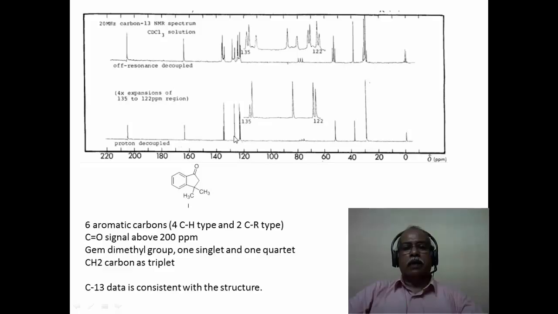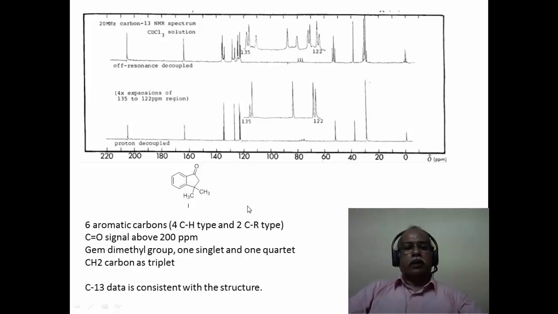There are 6 carbons very clearly seen. This region is expanded and shown between 122 and 135. The expanded region has 5 carbons, 1 quaternary carbon and 4 of the CH kind. And finally the 6th quaternary carbon comes around 162, which is because of the presence of the carbonyl functional group in this particular case.